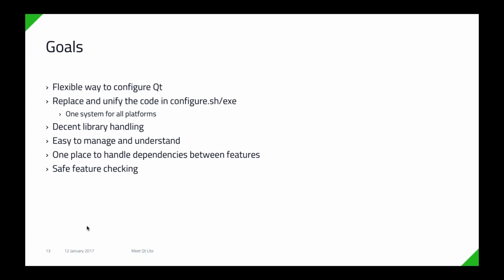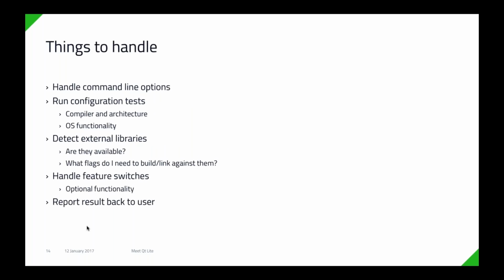So let's have a look at how we did implement all of this. Before I do that, there were a few more things we wanted to handle. We wanted to make sure that the system can handle all the command line options that we had. It should run the configuration tests that we have so that we detect the compiler, the operating system architecture, operating system functionality.